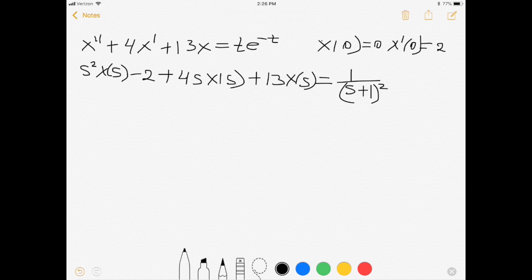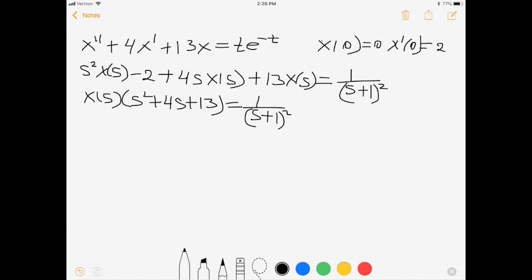Factoring the left part and moving the 2 to the right, we have X(s) multiplied by s squared plus 4s plus 13 equal 1 over (s plus 1) squared plus 2.